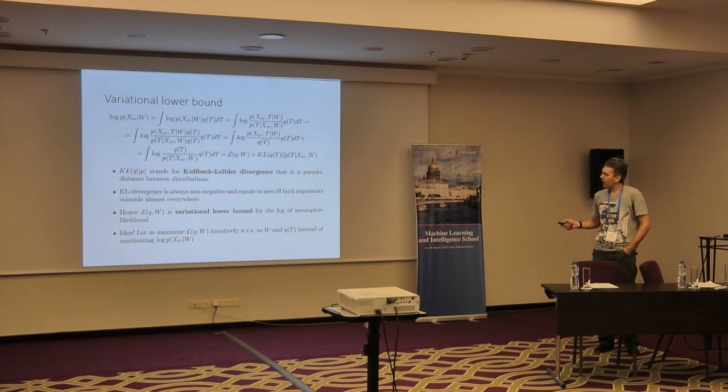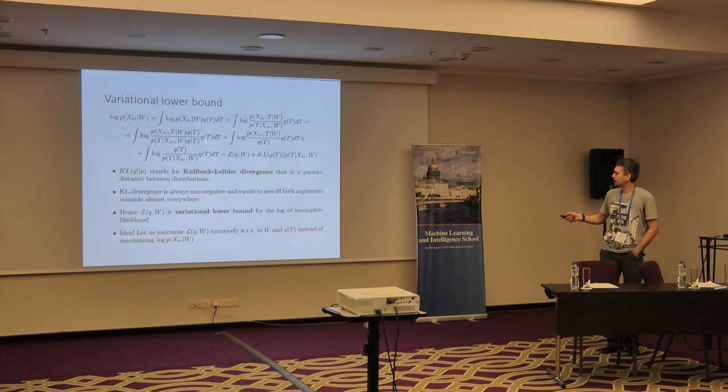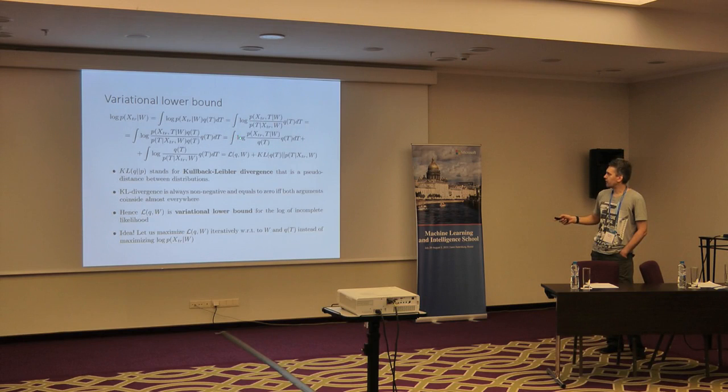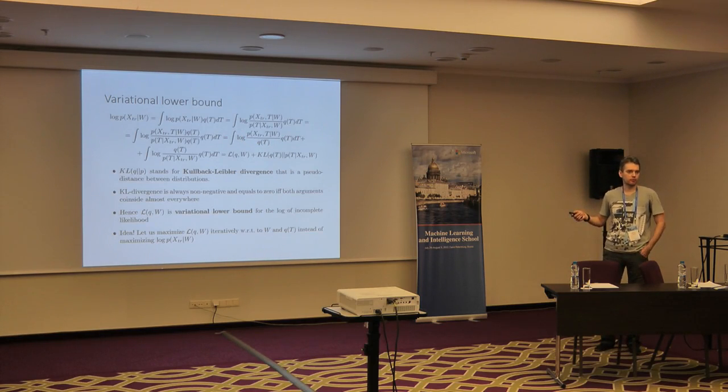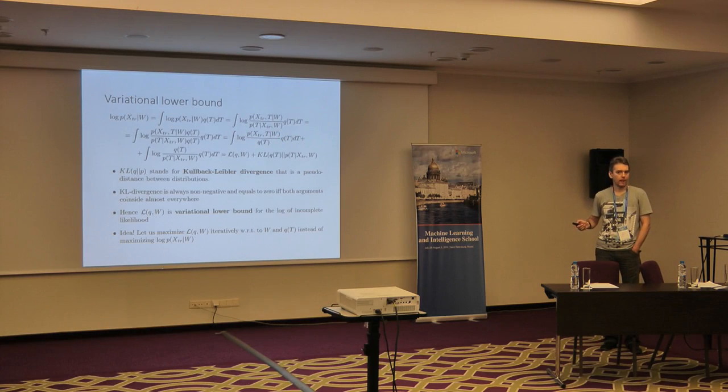Okay, and what about maximization of this variational lower bound with respect to W? Let us consider this term. If we split this logarithm into two parts, we'll understand that the second part will consist only of Q of t and will not depend on W. So the only thing that depends on W is the first term: the logarithm of P of X train, t given W, multiplied by Q of t, dt. And what is it?